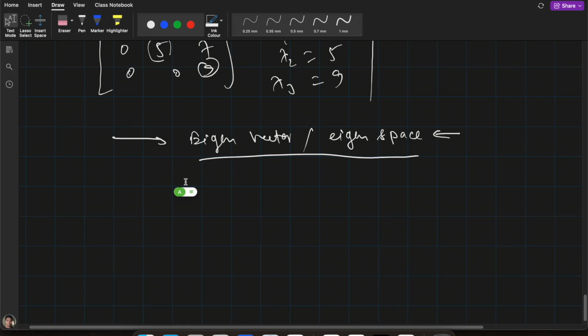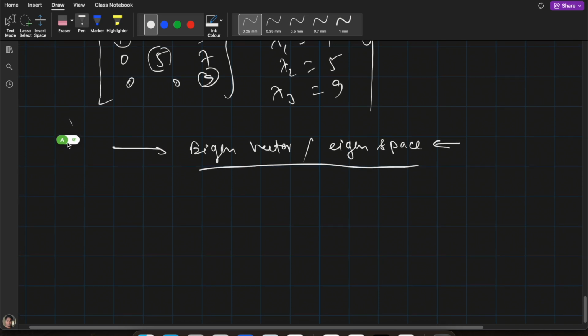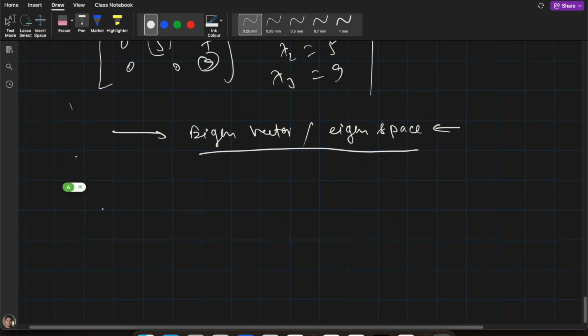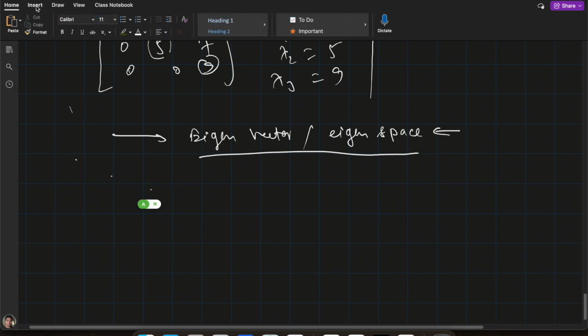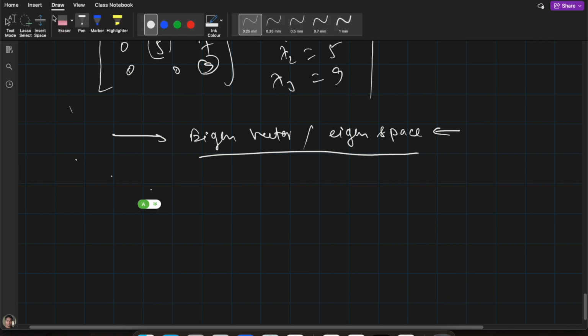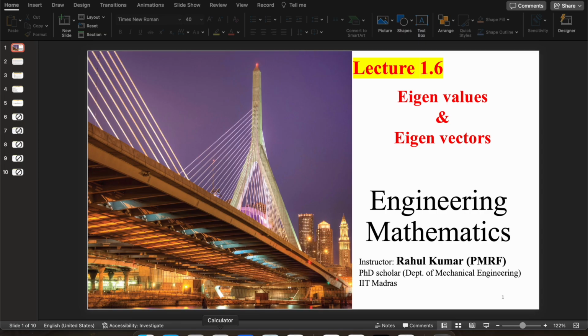I think someone has put the cursor on that one note. Please remove that if you are using it. This is my issue. Okay, just wait a minute. I will just cut it. Okay, I will use it again.